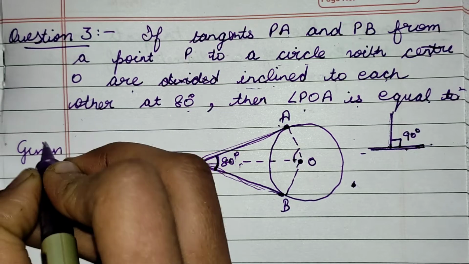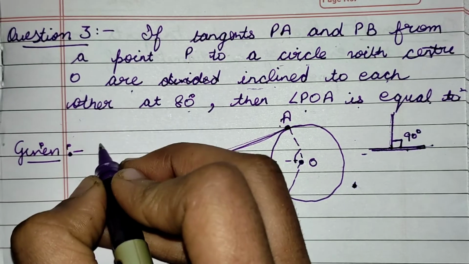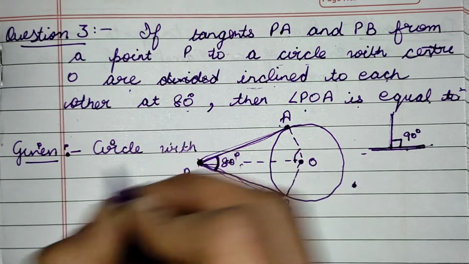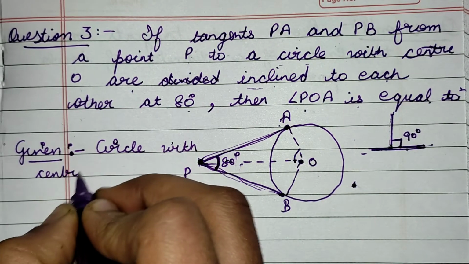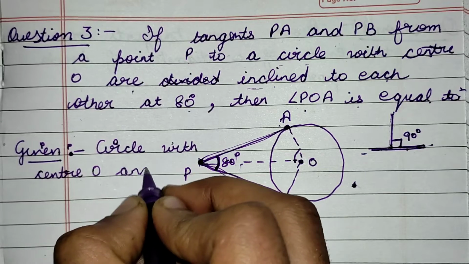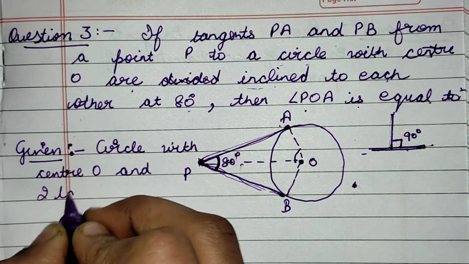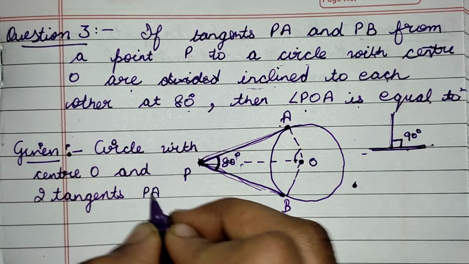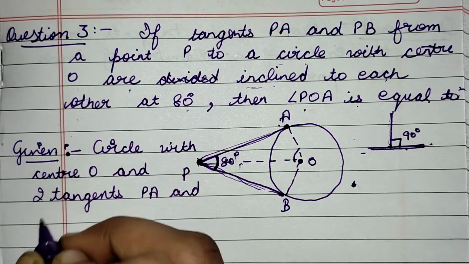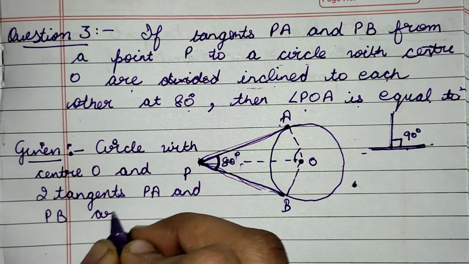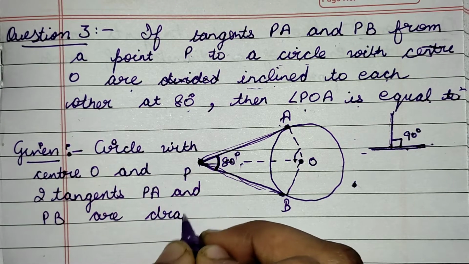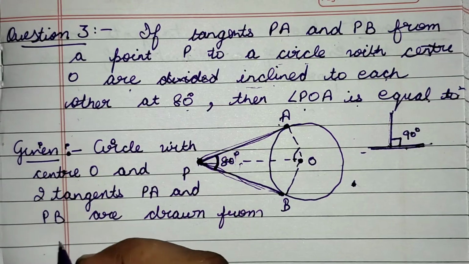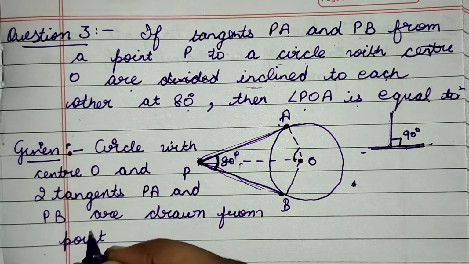So here, first of all, we will write down what is given to us and what we have to prove. Given is a circle with the center O, and two tangents PA and PB are drawn from point P. This much is given to us.